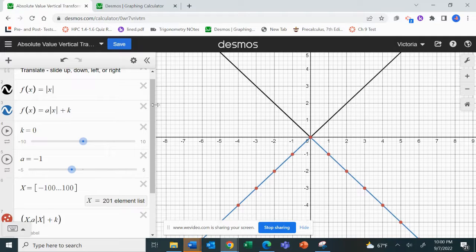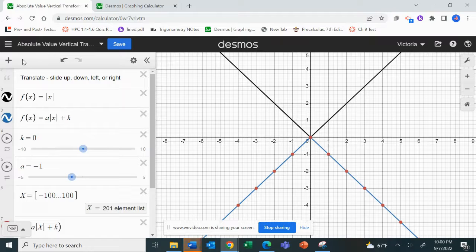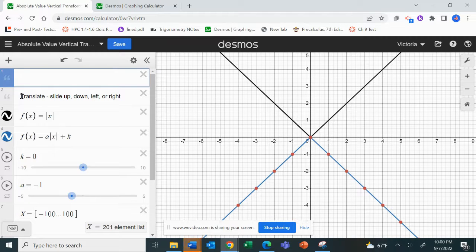So again, if A is -1, it reflects the graph down.